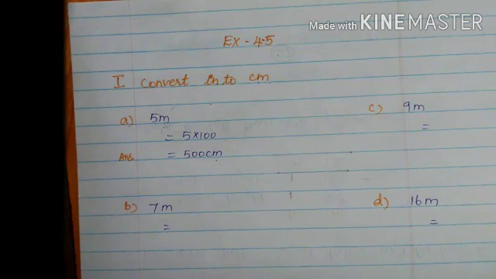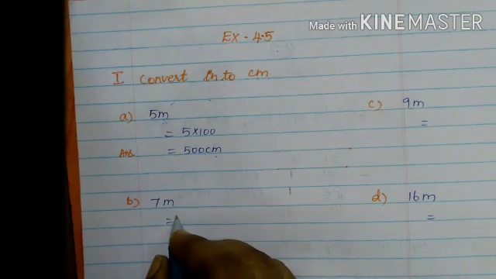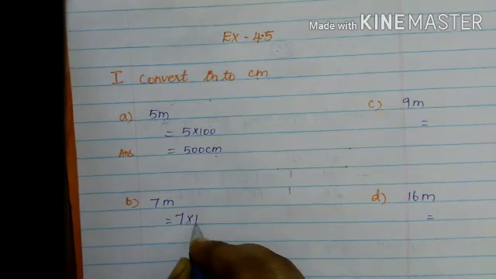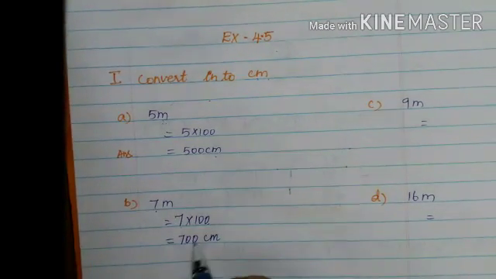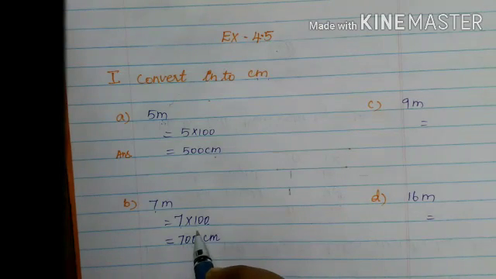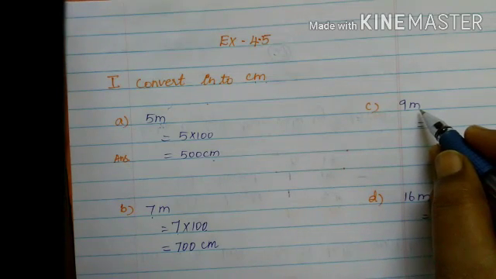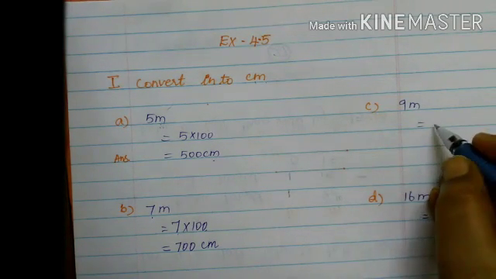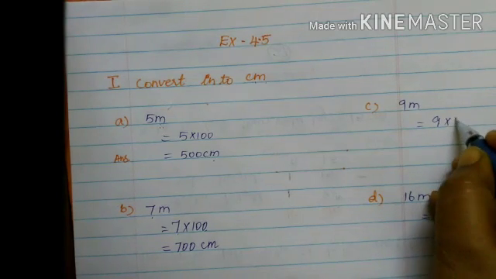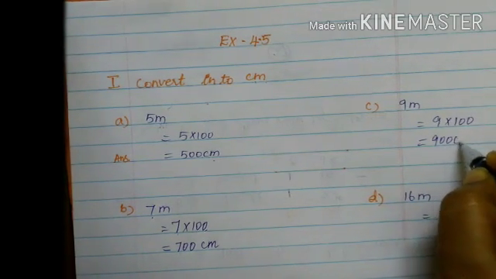Do it first, children. I give the time. First one sum, how to do? 7 multiply 100 equal to 700 centimeter. Then the next sum: 9 meter, so you do 9 multiply 100, equal to 900 centimeter.